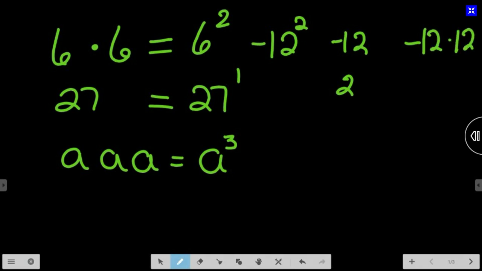Does that 2 touch that negative? No. If it was going to be negative 12 times negative 12, what would I have to have on here? Parentheses. Without the parentheses, there's only one negative, no matter what. So if I evaluate that, that's going to be negative 144. A negative times a positive stays negative. 12 times 12 is 144.